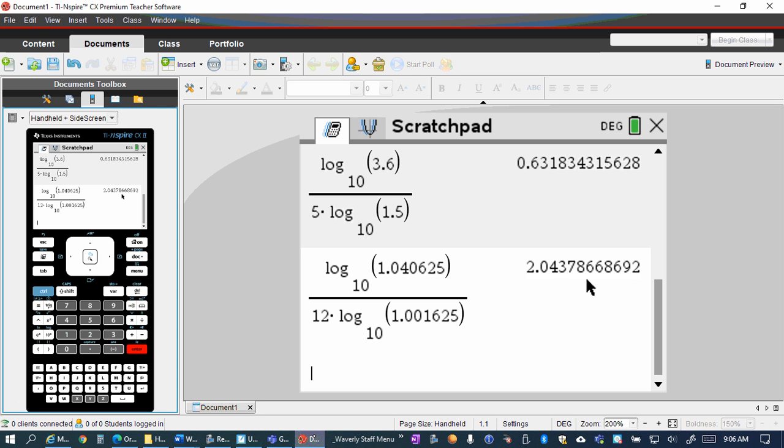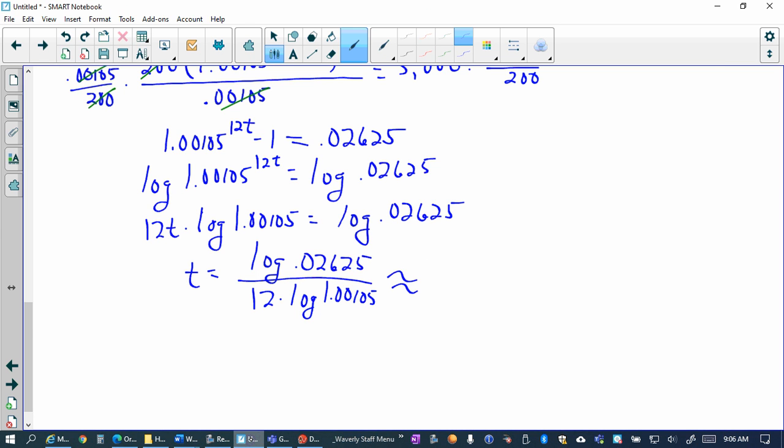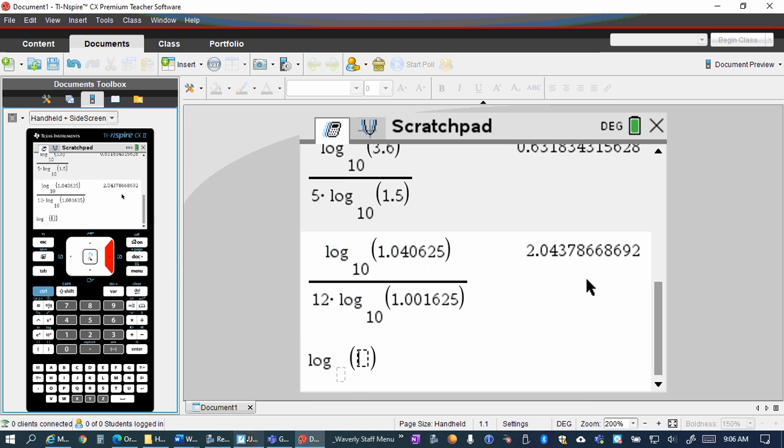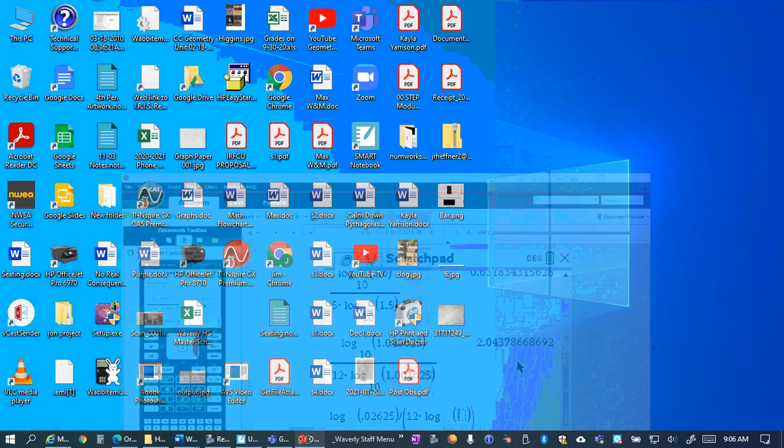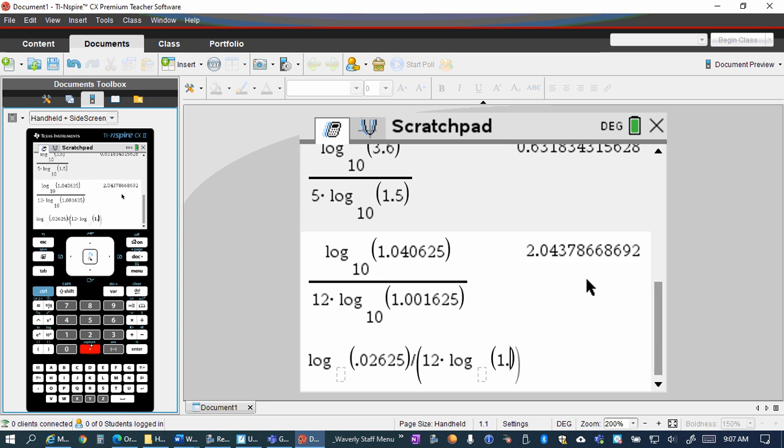So let's put that in our calculator. Log of 0.02625, divided by parentheses 12 times log of 1.00105.